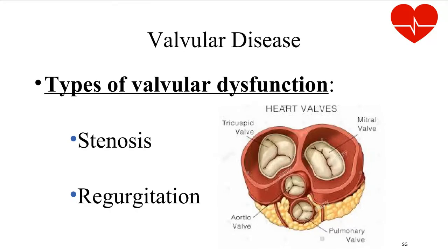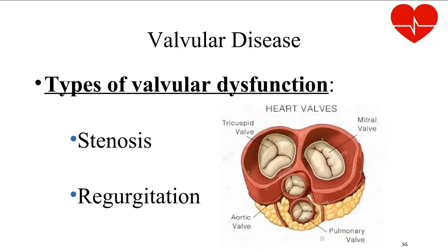So now when we have mixing of blood, then we have a mixture of oxygenated and deoxygenated coming out of that aorta, right? So there's lots of issues, okay, that can occur here.